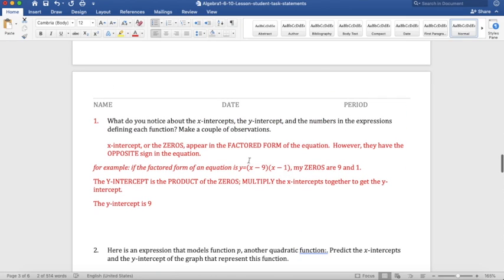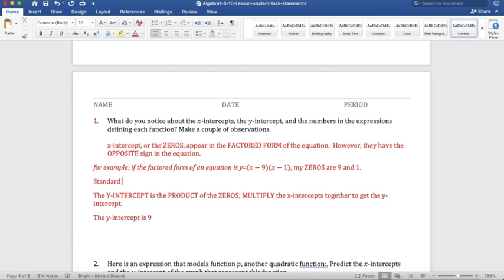And here, if I put this into standard form, by multiplying, we would get x squared, minus 9x minus x plus 9. So I'd get x squared minus 10x plus 9. So that is what my standard form would be. And the y-intercept is 9 because it's the product of the x-intercepts.